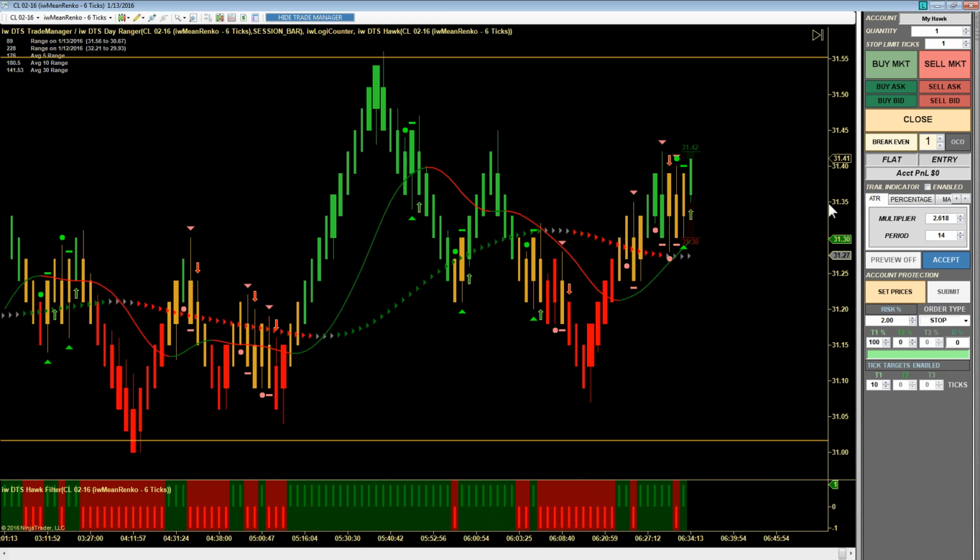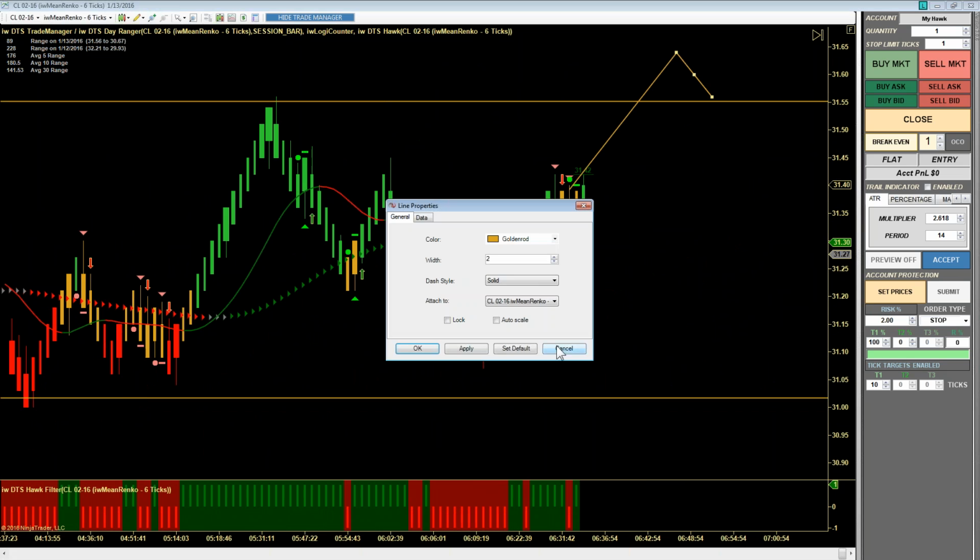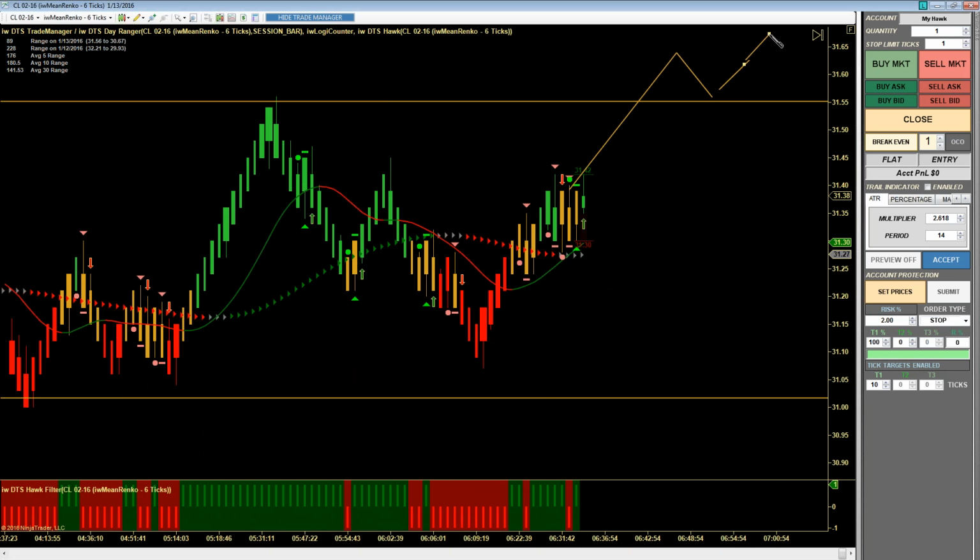But generally speaking, what we like to do is let it get outside of here, retest the breakout, and then look for our buy signal, which will develop. And same thing here to the downside. Let it get outside of this range and let the tool print a signal for us.